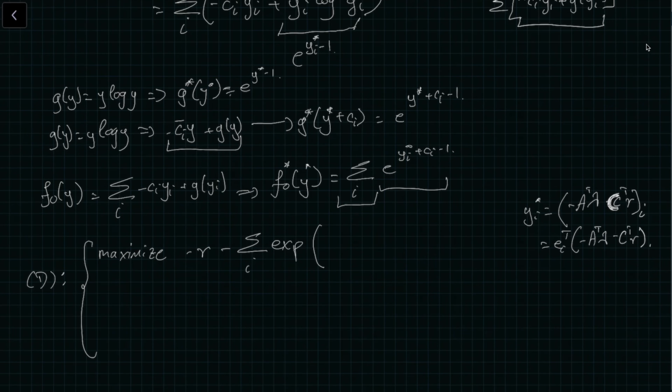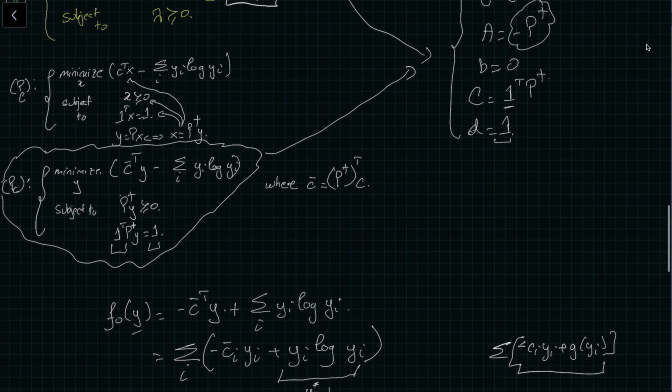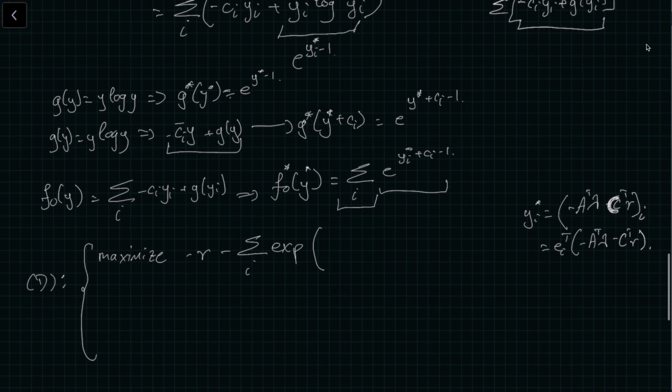So my A is minus P pseudo inverse. So I get that from here. Yi star is ei transpose P pseudo inverse multiplied by lambda. And I have a minus C transpose nu, where C is 1 transpose P pseudo inverse. So that means my C transpose is P pseudo inverse transpose 1 vector times nu.